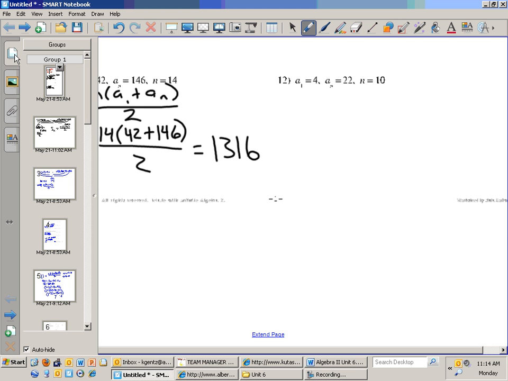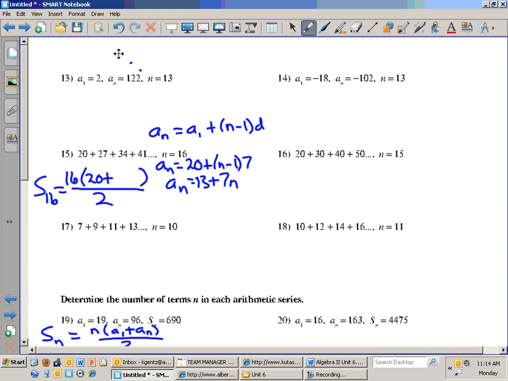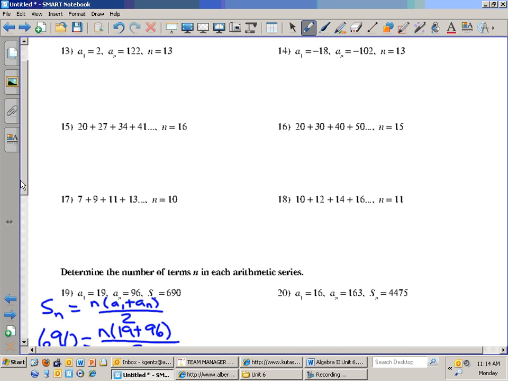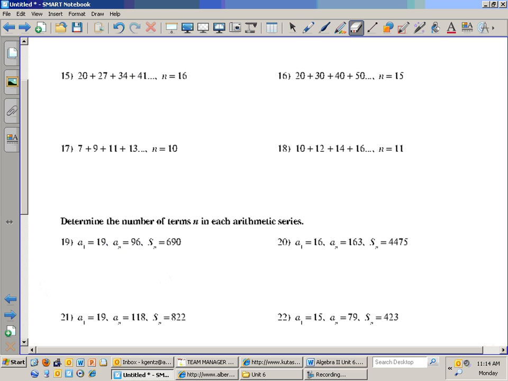Flip it over. Let's try something more difficult. How about number 15? 15 says 20 plus 27 plus 34 plus 41, for n is equal to 16.